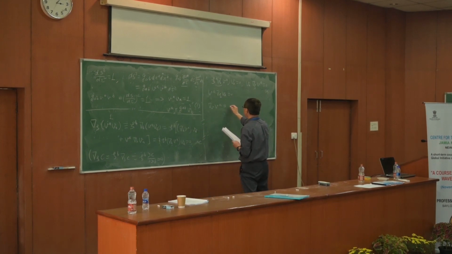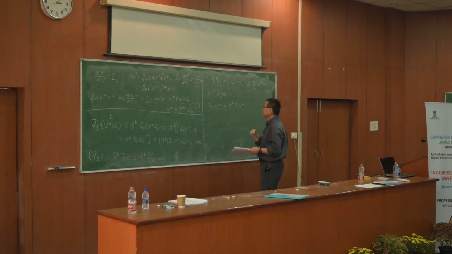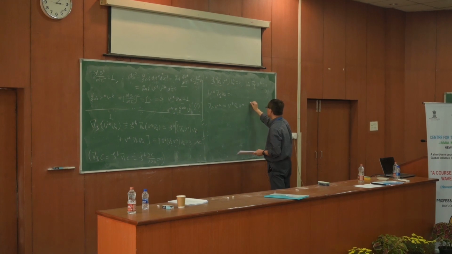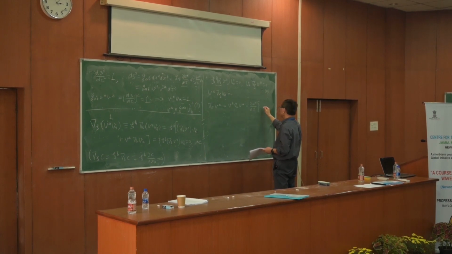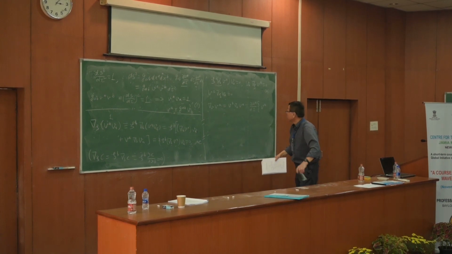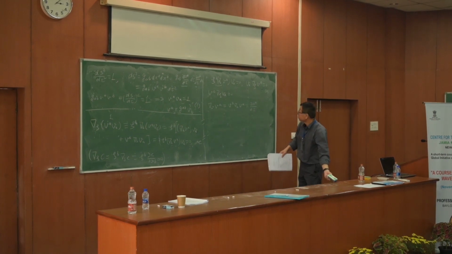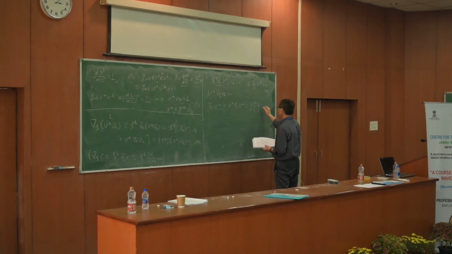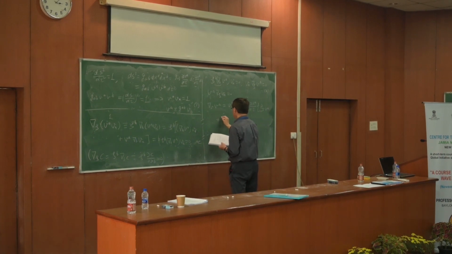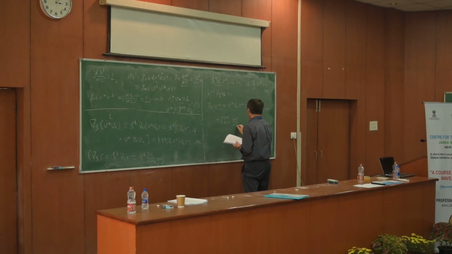So this equals V B delta B V A. By definition, V equals dx A over d tau, and this is the covariant derivative of this part, dx V A plus gamma A B C dx C over d tau.